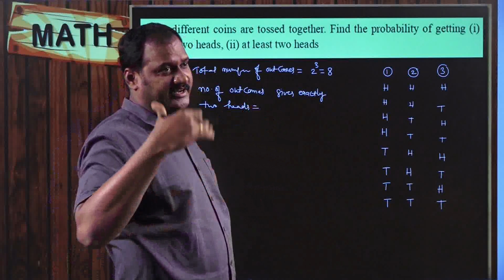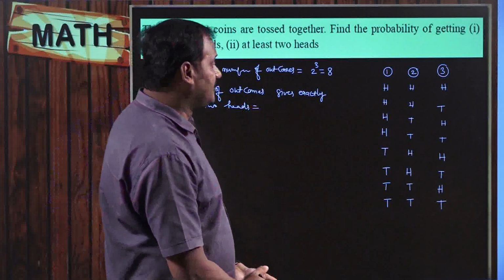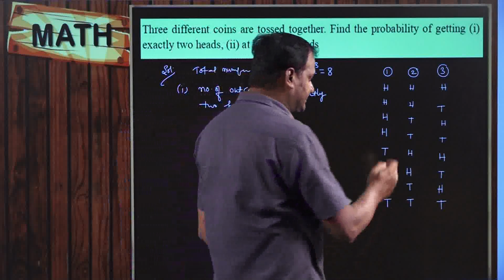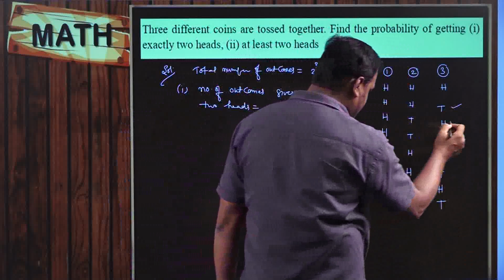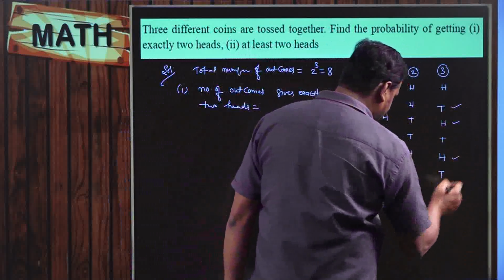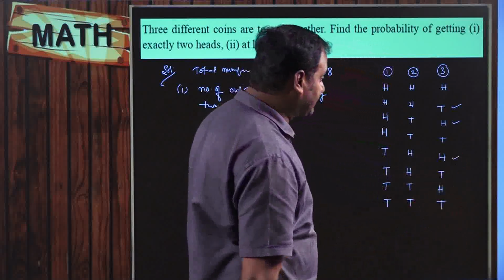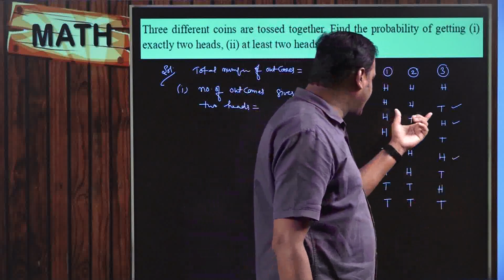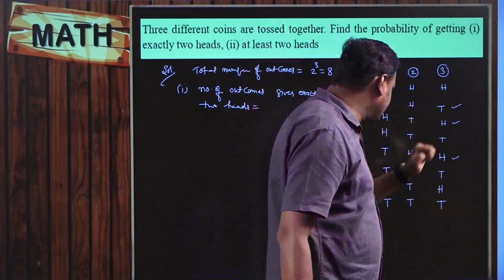It should not be more than 2 heads or less than 2 heads. Where can you find exactly 2 heads? See, head, head: exactly 2 heads are there in this. And here also you have exactly 2 heads. No. And here also you have exactly 2 heads. Here not, here not, here not. So, exactly 2 heads can be identified in this particular event as well as in this particular event.